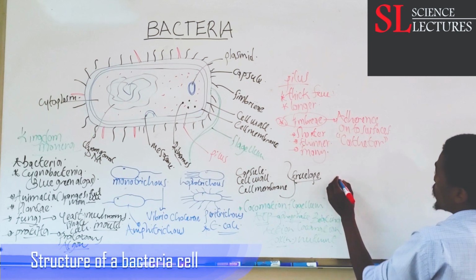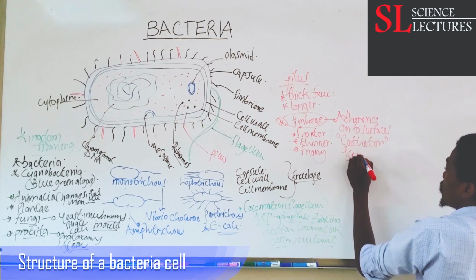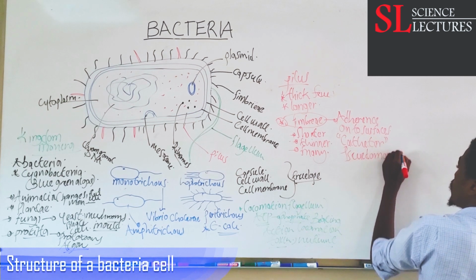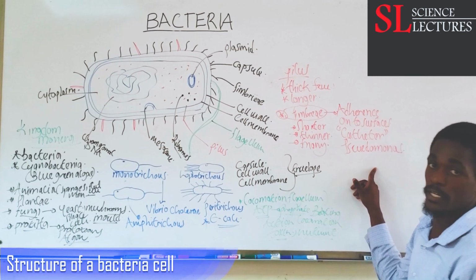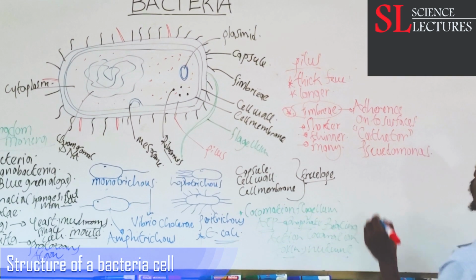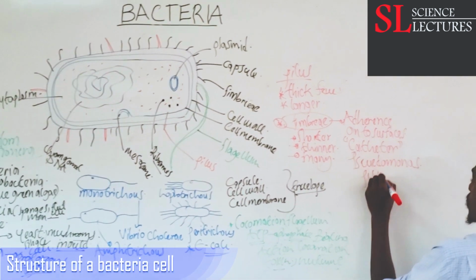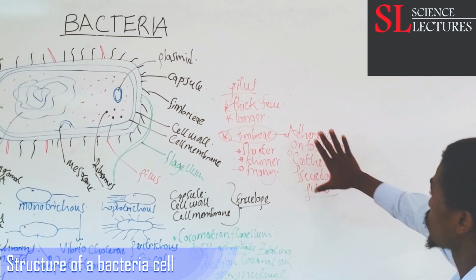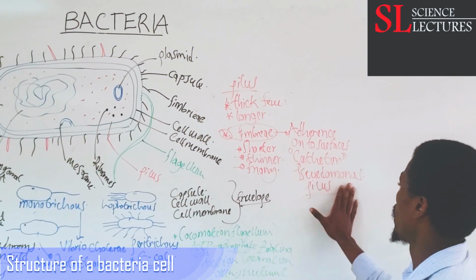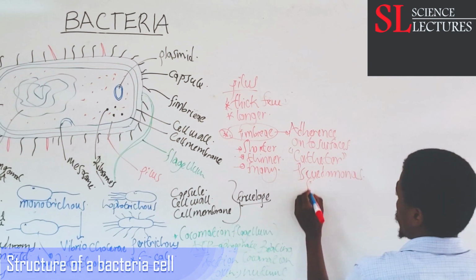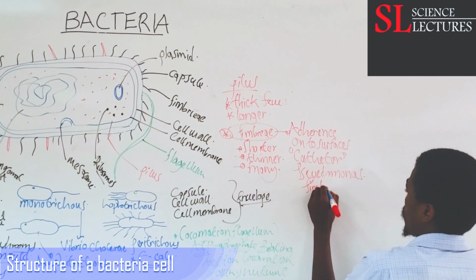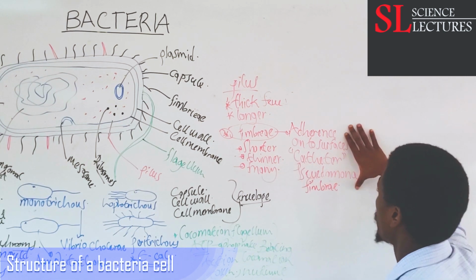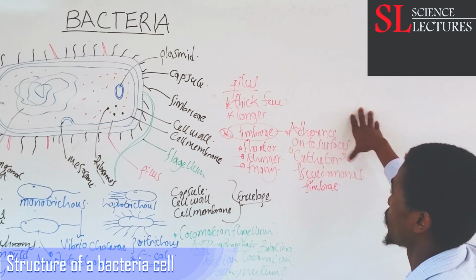For bacteria, for example Pseudomonas, to adhere onto the catheter surfaces, it will be done with the aid of the fimbriae being present. So basically, the fimbriae are used for adherence onto the surface.